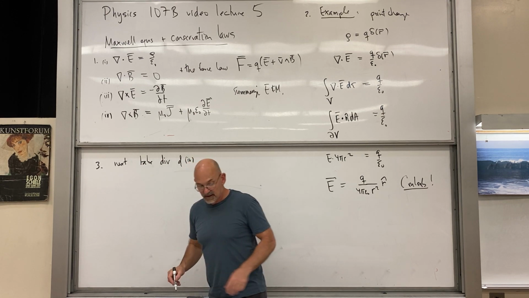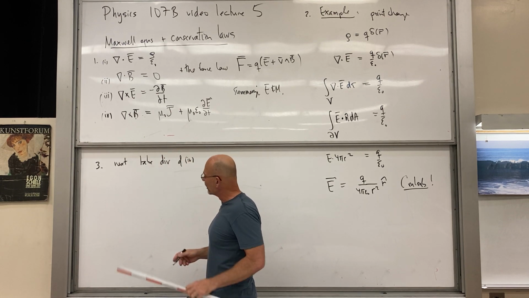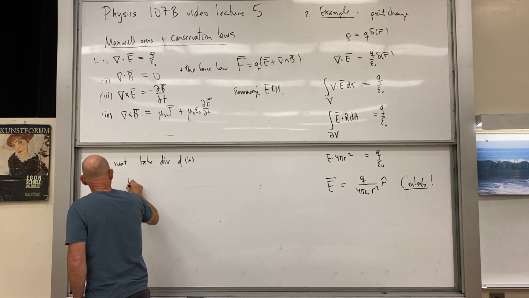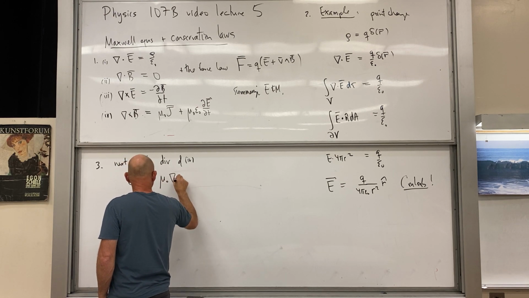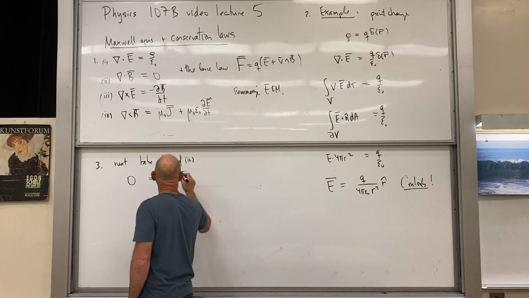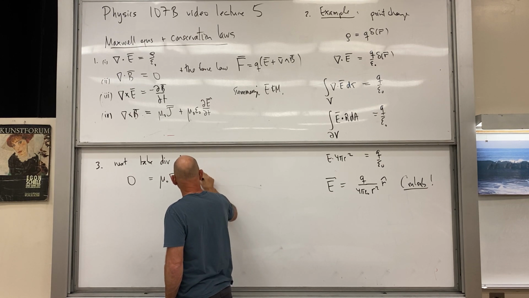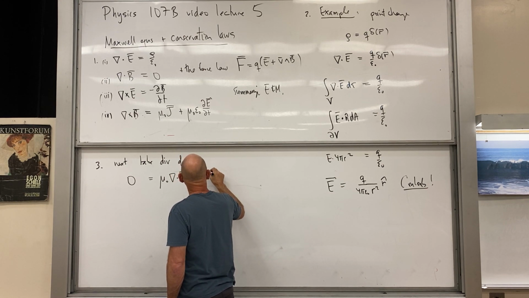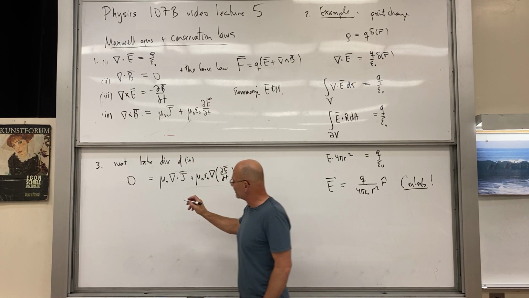We have identically divergence of curl equals 0. So we have 0 equals mu naught divergence of J plus mu naught epsilon naught divergence of dE dt, and we can cancel the mu naught.